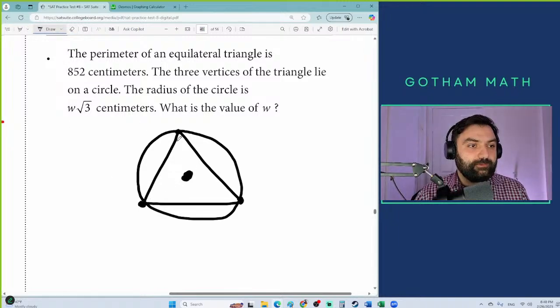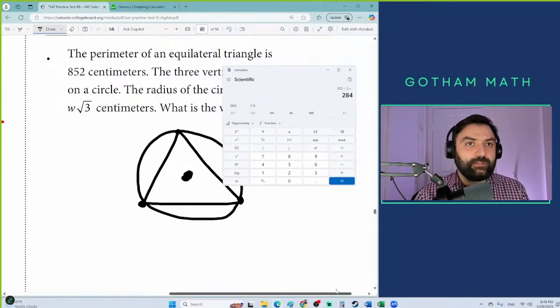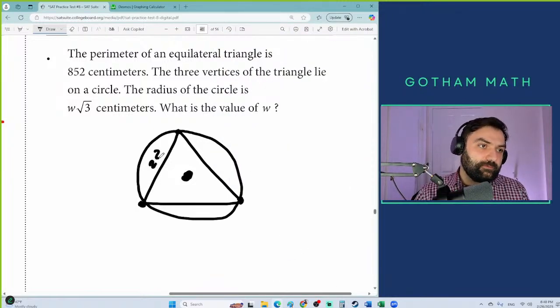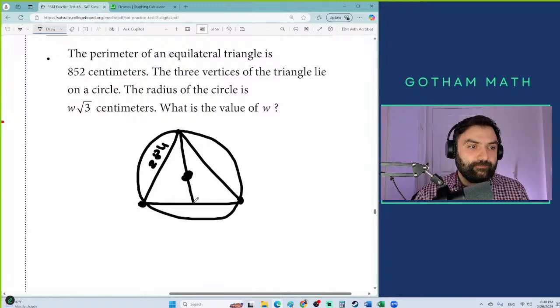Maybe it's going to be like that. Okay, so we know that this is, what was the side? 284. And we can definitely find this, and we can find that too. It's going to be the same.